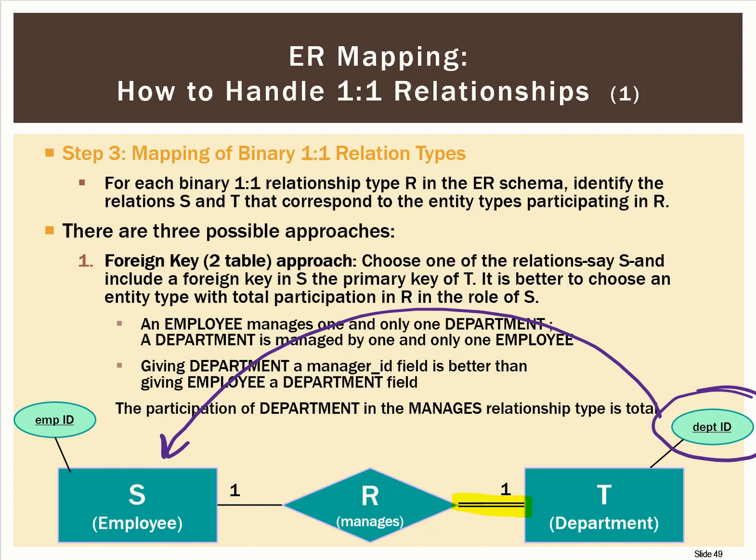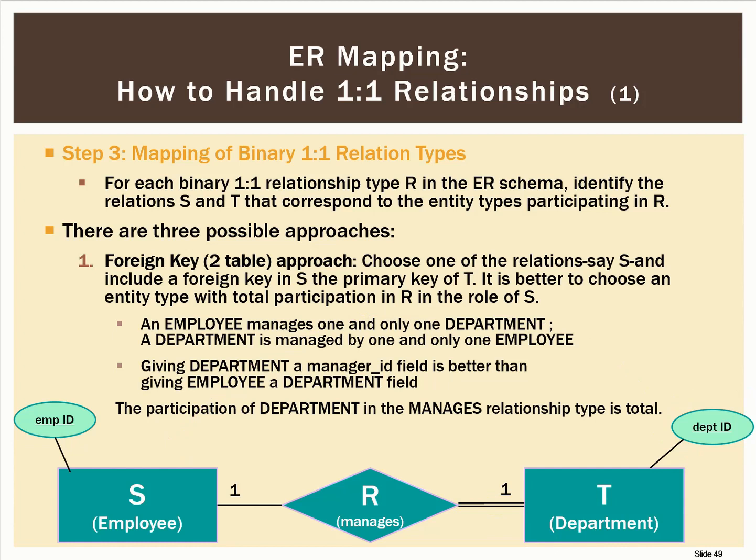So out of 1,000 records, 100 would have the value of the department ID for the department the employee manages, but the rest, 900 of them, would have null. And so that's why if you're going to do the foreign key two-table approach, you should always do it in a way to minimize nulls. Now, with total participation in the equation, this becomes quite easy to figure out.